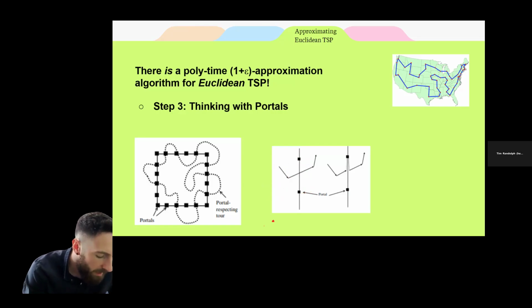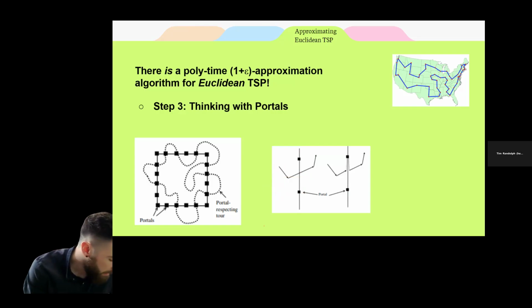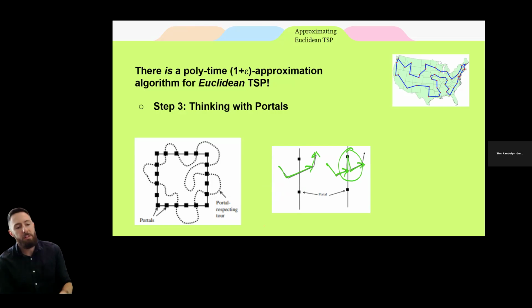It's not necessarily true that the actual optimal tour goes through these portals, but like we did with the rounding, we can bound how far off we have to fix our TSP tour to actually make it work. So if our optimal TSP tour doesn't go through a portal, well, our portal restricted tour, if the portals are close together, loses at most some amount of distance that we can bound.